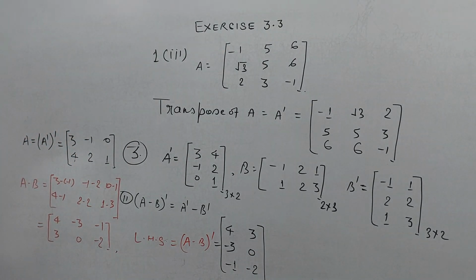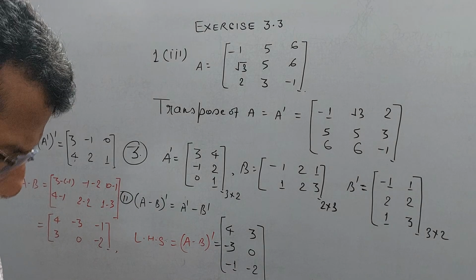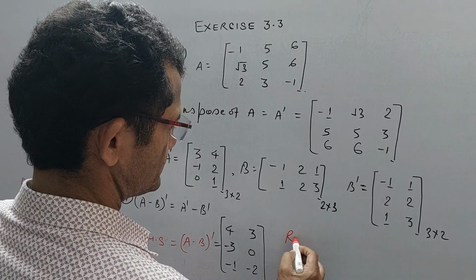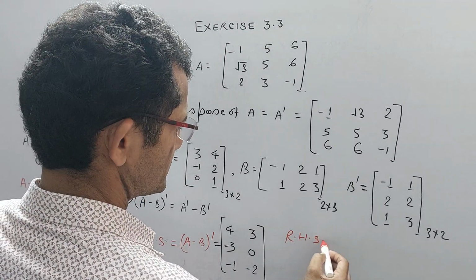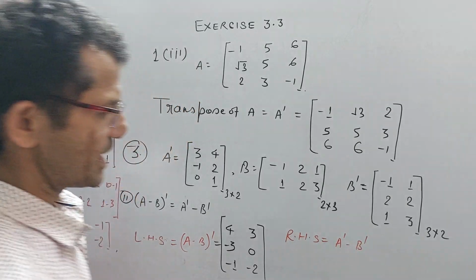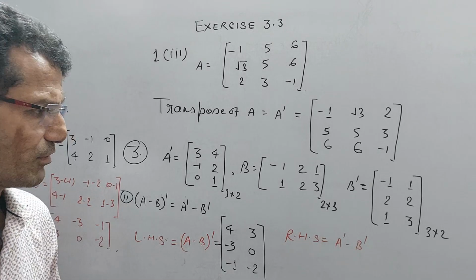Now on the right hand side, we need the transpose of A minus the transpose of B. Just subtract B transpose from A transpose.